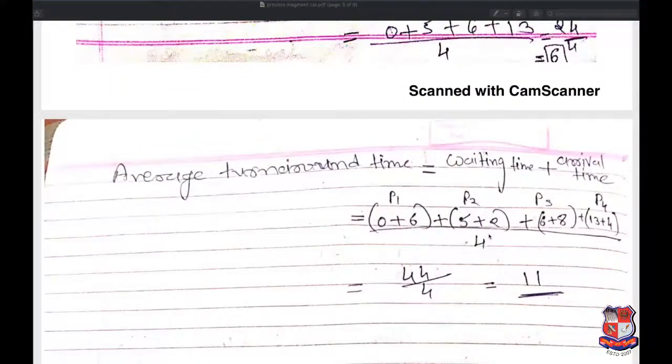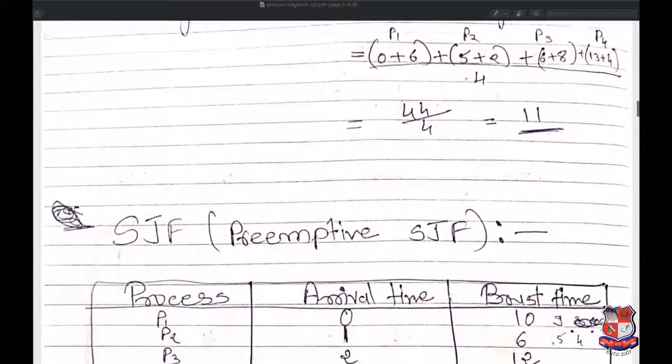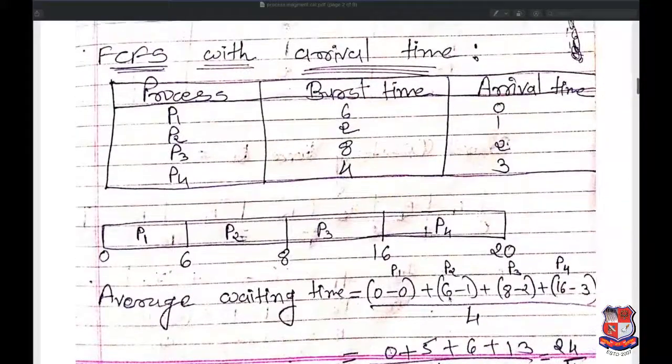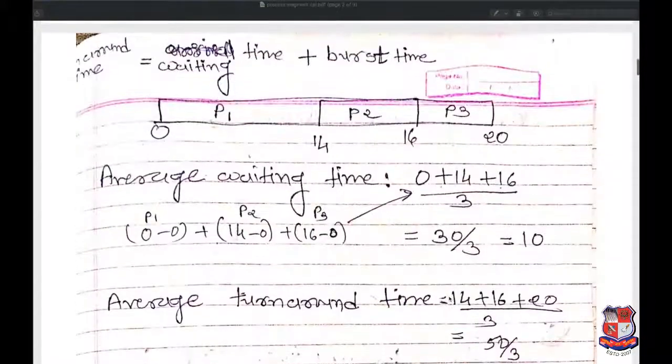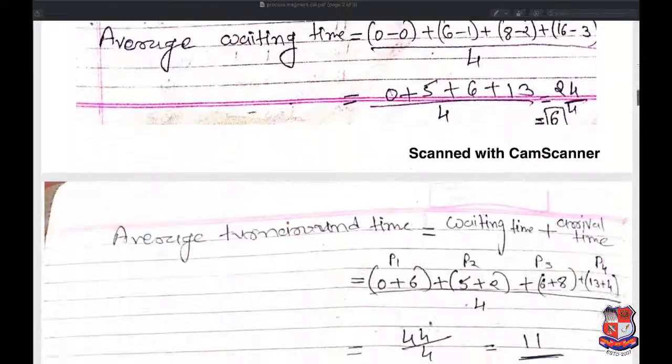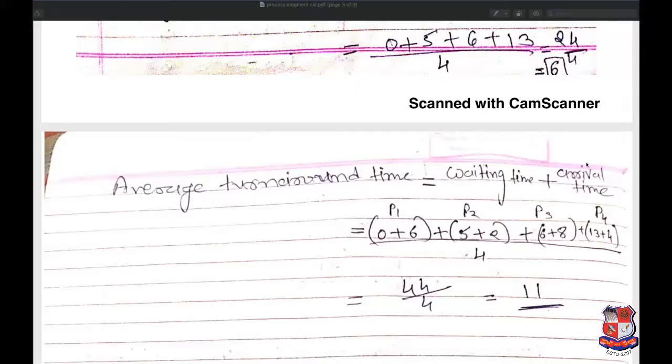So we can find out at last the turnaround time. Sorry, there is one mistake, it is not arrival time, it is burst time. So waiting time plus burst time.